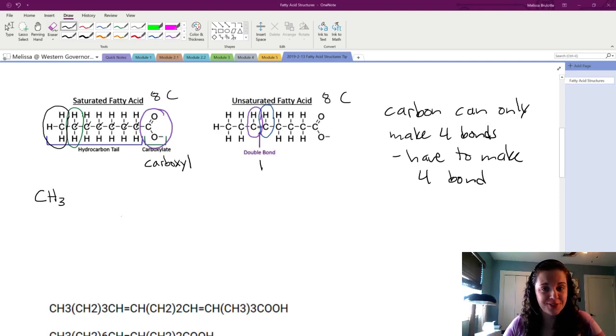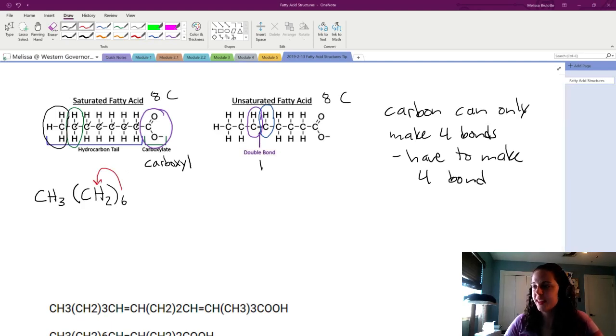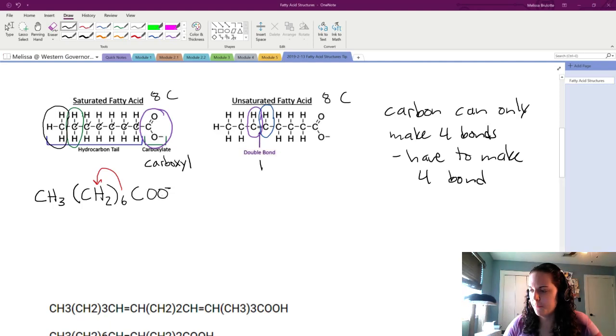So we can actually abbreviate that. We can just put a CH2 in parentheses like this and put a 6 outside the parentheses, and that will indicate that we actually have 6 CH2s. And then we have our carboxylate. So that will be COO minus.